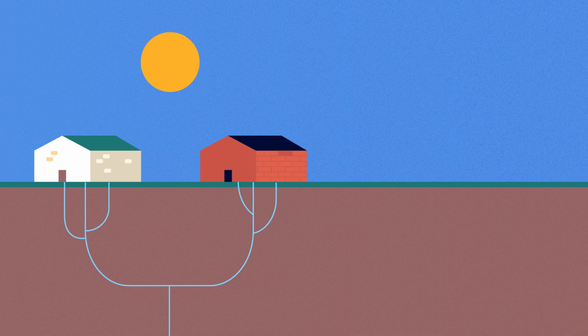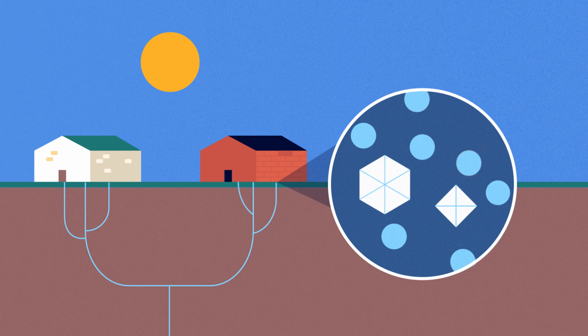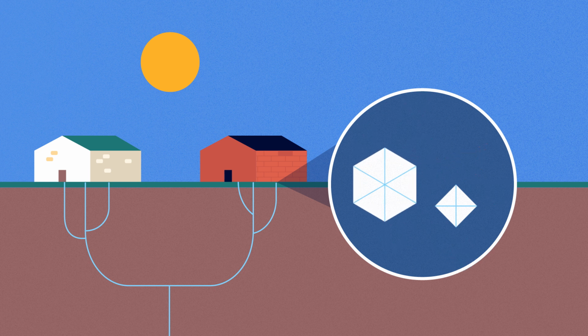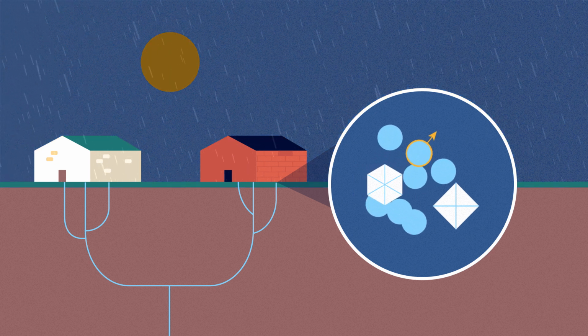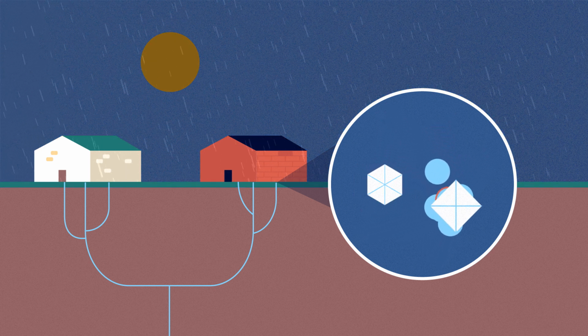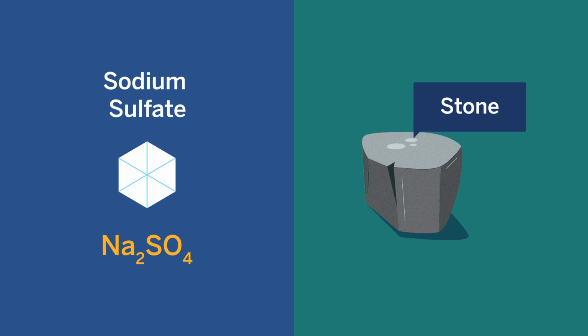Another important situation leading to severe salt damage involves phase changes taking place through dissolution and precipitation, driven by changes in temperature and/or moisture. A notorious example is sodium sulfate, which is extremely damaging to building stone.